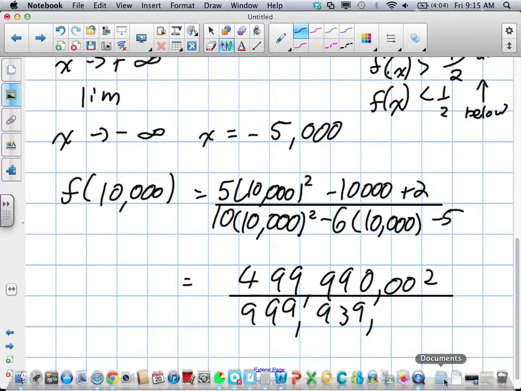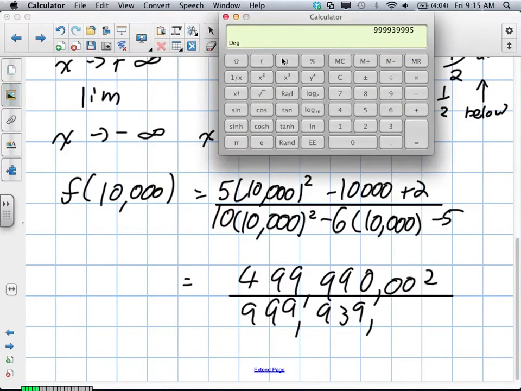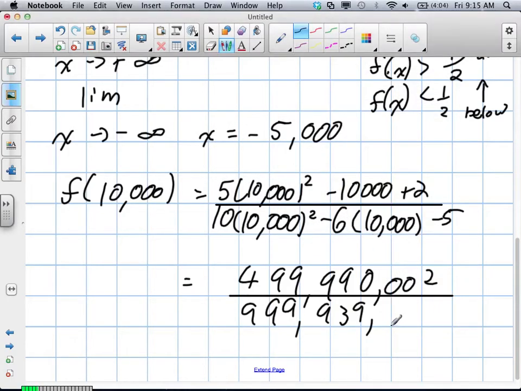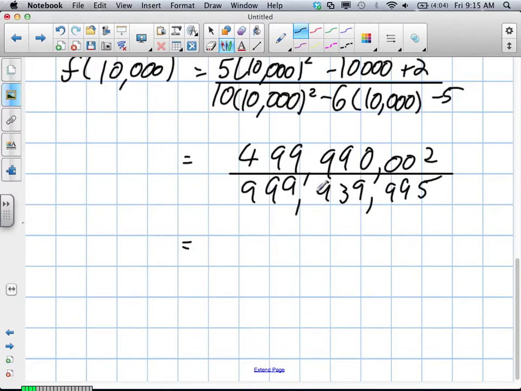What was the last two values there? Thank you. 999,940,... 995. Okay. If you guys look, this is very close to possibly 1/2, right? And that was our horizontal asymptote.